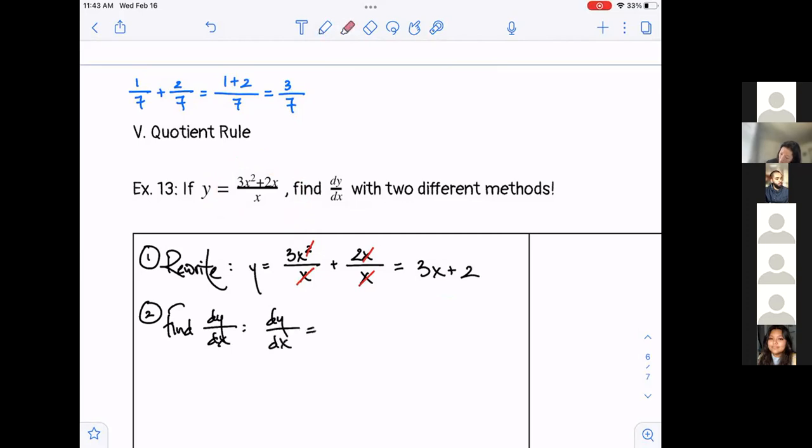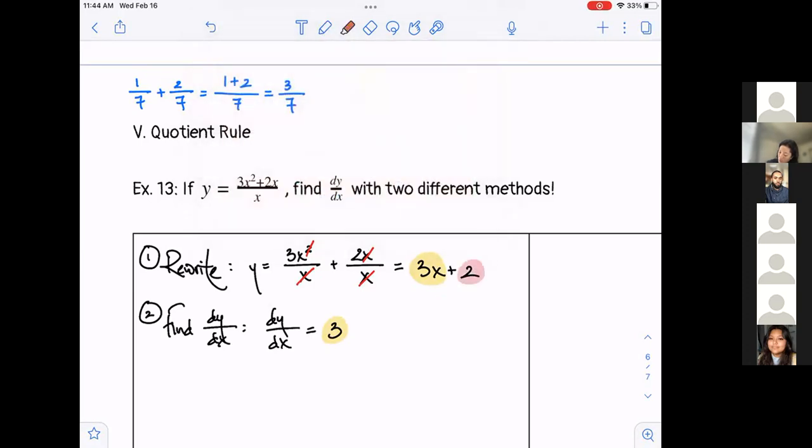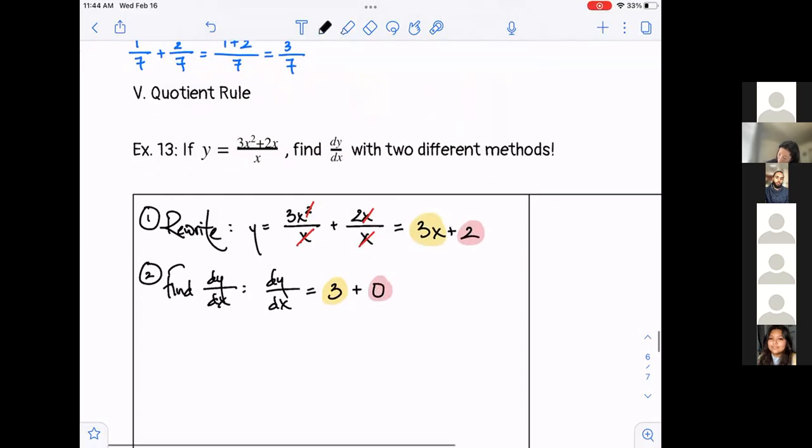What is the derivative of 3x? It is indeed 3. What is the derivative of 2? 0, precisely. Okay. This gives us 3.